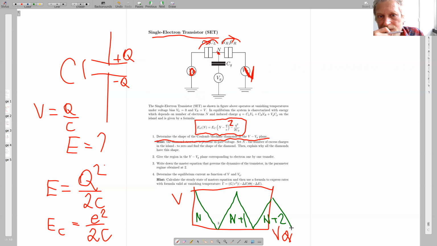One has to check all possible processes which can change charge, compute energy differences related to these processes, and ensure that all these energy differences are positive, so these processes cannot go, at least at 0 temperature.